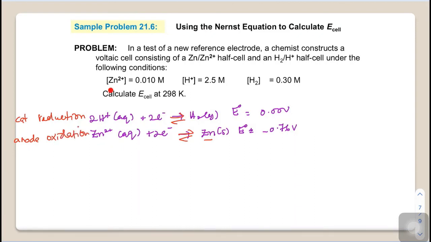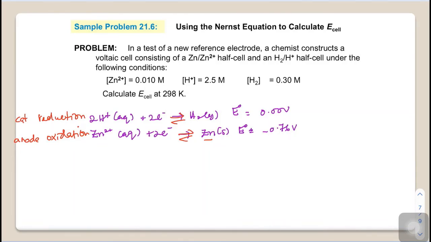The question also told us that the concentration of the zinc 2 plus is equal to 0.01, H plus is 2.5, and H2 is 0.3. It means that the concentration of all components are not at the standard concentration. So when the question asks us to calculate the E cell, we know that we have to use the Nernst equation.